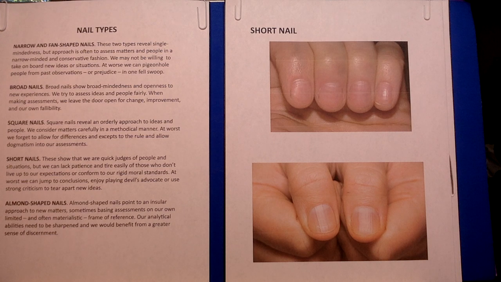These show that we are quick judges of people and situations, but we can lack patience and tire easily of those who don't live up to our expectations or conform to our rigid moral standards. At worst, we can jump to conclusions, enjoy playing devil's advocate, or use strong criticism to tear apart new ideas.